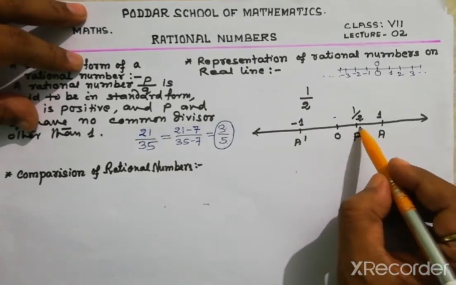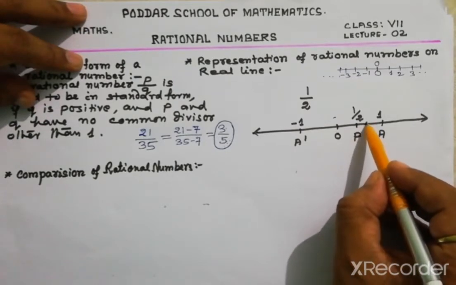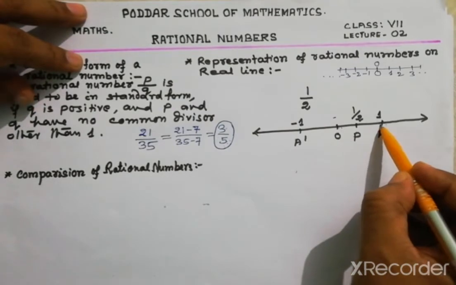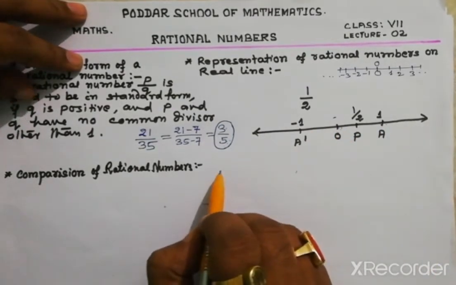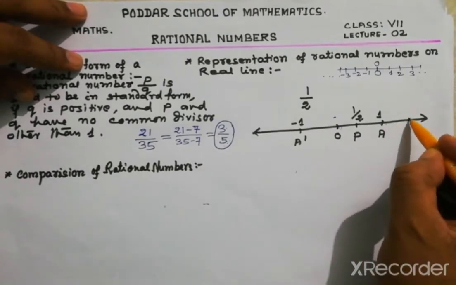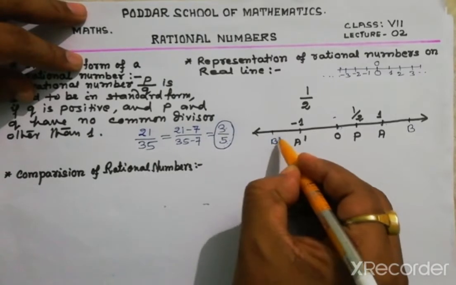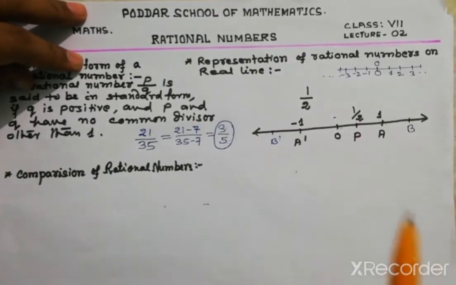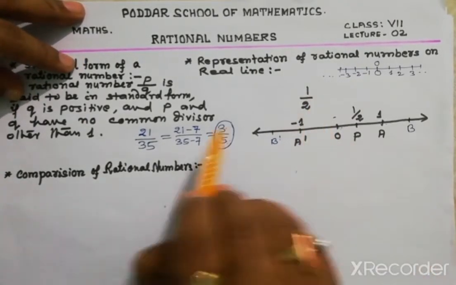Let it represent 0, set unit lengths OA, this is unit length, and OA dash. Similarly, OB, OB dash, as per requirement. Suppose we have to represent 1 by 2, this rational number, on the number line.